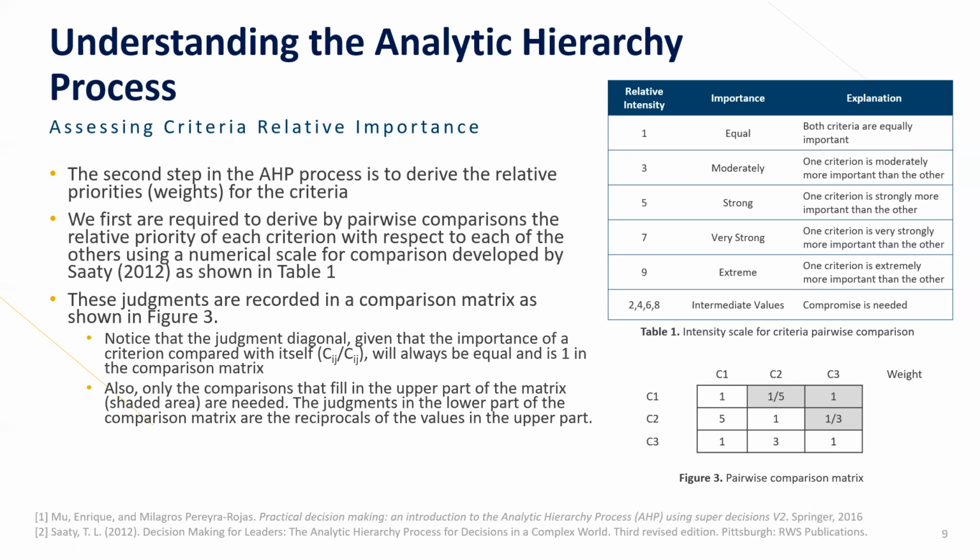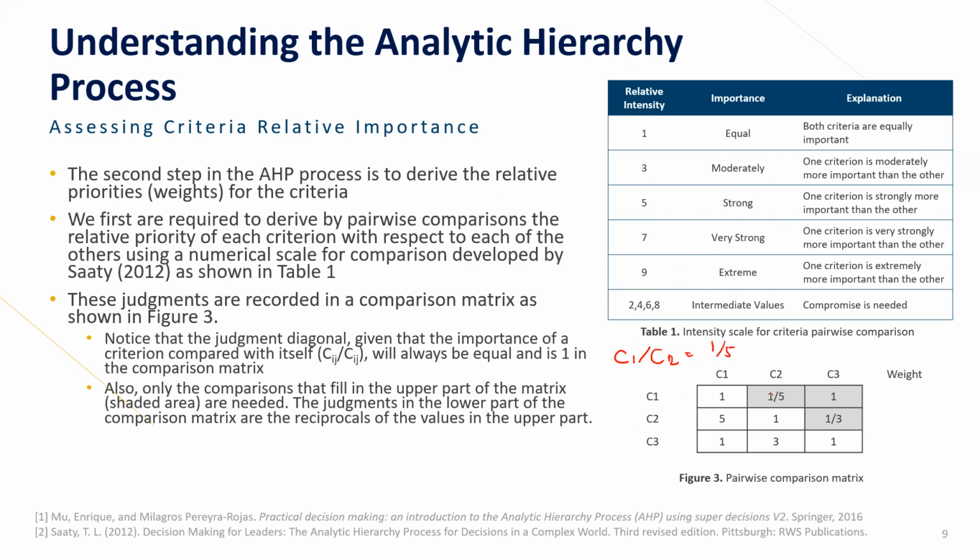When you say C1, C2, this means: what is the relative intensity of C1 per C2? If you say that criteria 2 is strongly more important than C1, you will write 1 out of 5.